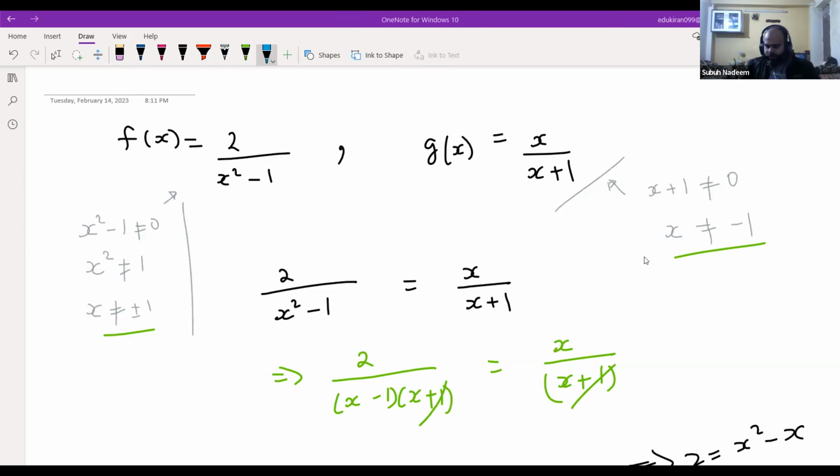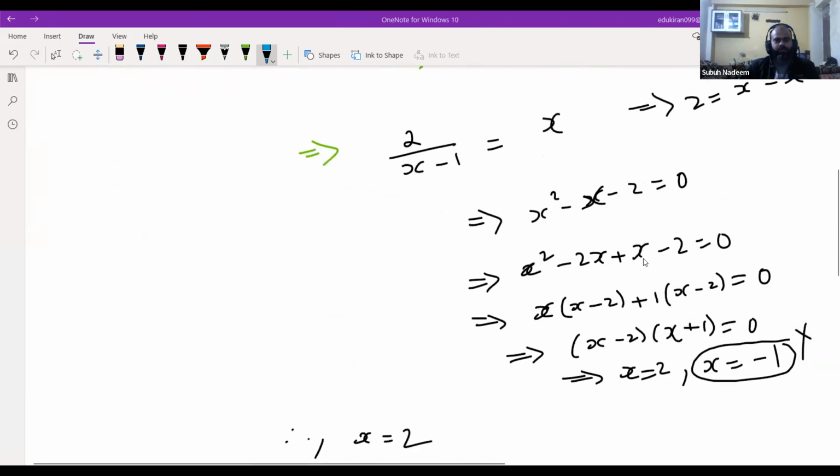So can you scroll down? So can you scroll down?